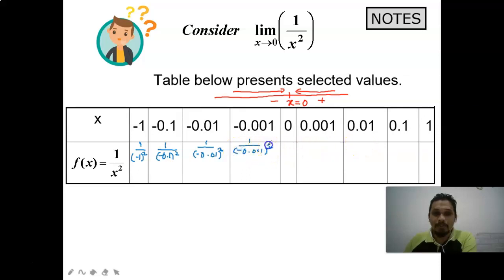And also the ones coming from the right side: 1 over 1 squared, 1 over 0.1 squared, 1 over 0.01 squared, and 1 over 0.001 squared.